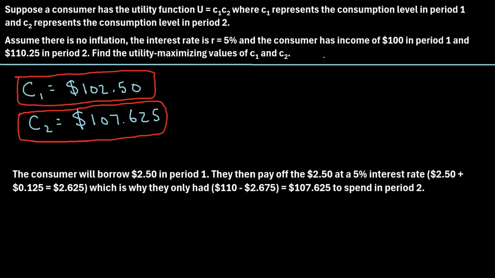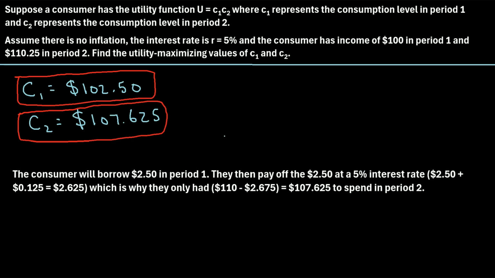But notice that this example says our income was $100 in period 1, and yet in our answer we're saying we're going to spend $102.50. So what this means is that the consumer will choose to borrow $2.50 so that they have enough money to make this consumption level possible. So they'll borrow that amount in period 1, then they will pay off the $2.50 at the 5% interest rate.